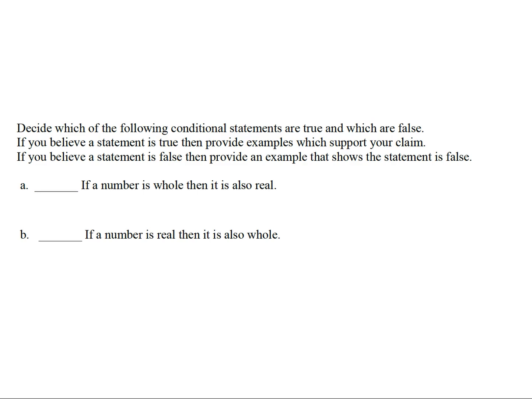First one says, if a number is whole, then it is also real. Does it seem like it's true or false? You have to think back to the number sets that we had looked at. In the one case, we looked at whole numbers, starting with 0 and counting up from there.